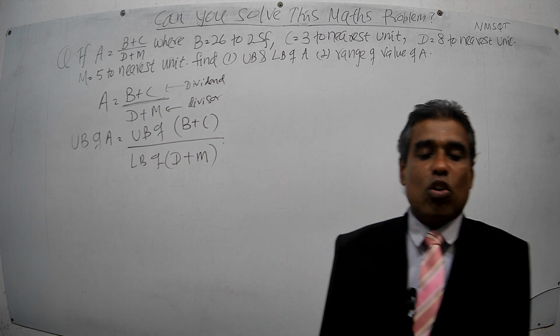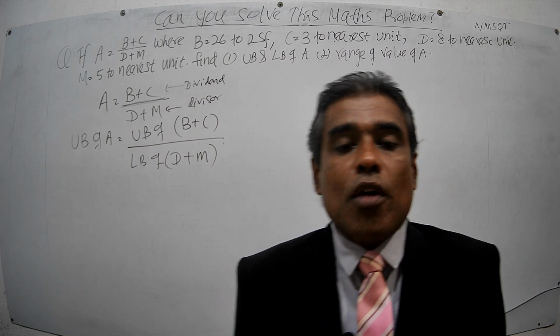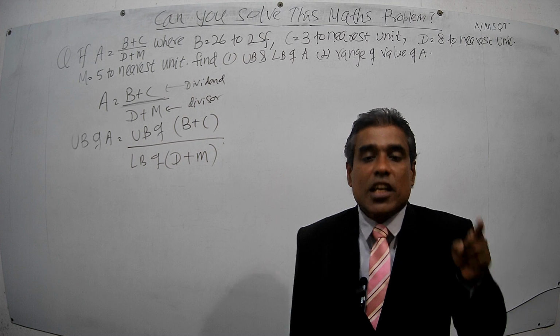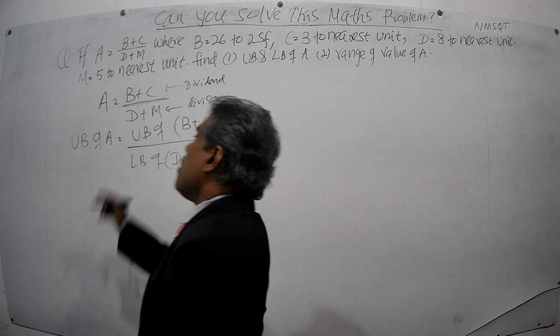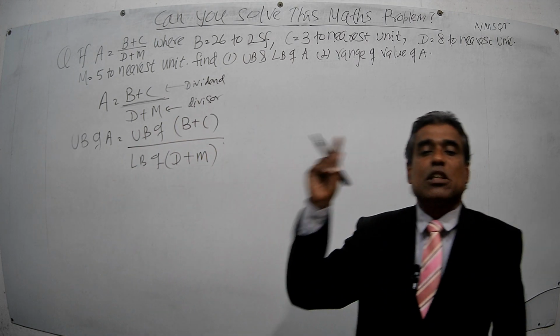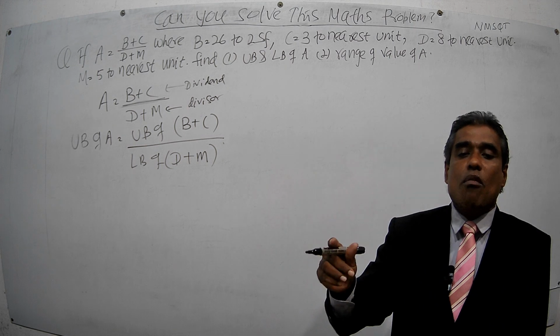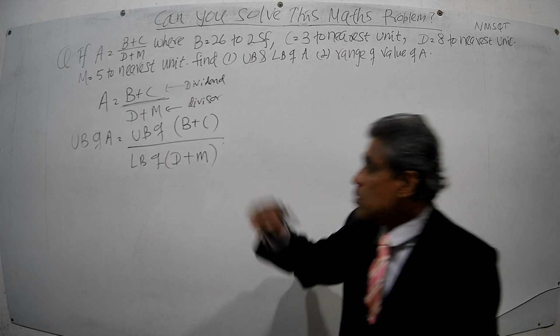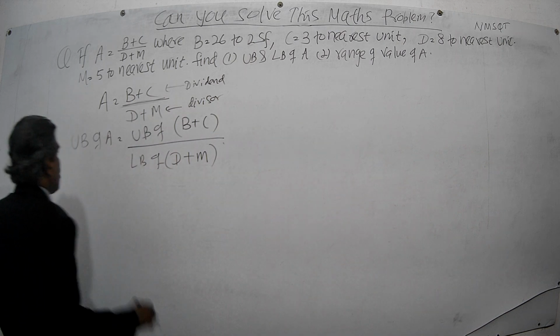Therefore, the lower bound of A, that is the quotient, equals the lower bound of B plus C divided by the upper bound of D plus M. Then you write that formula also, right?